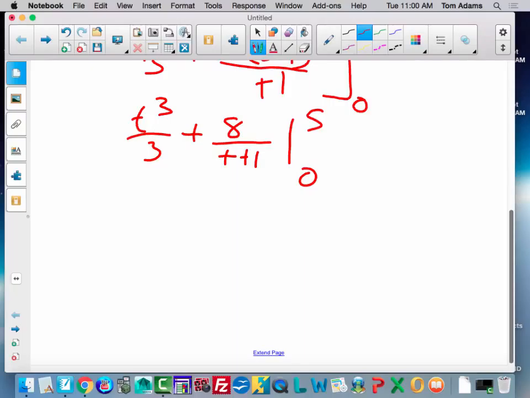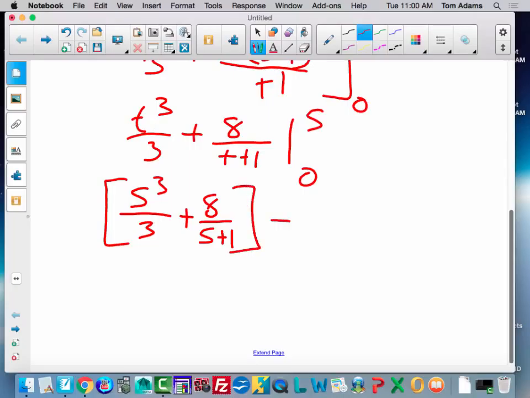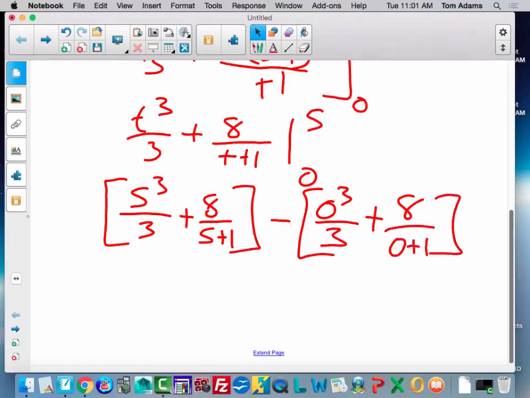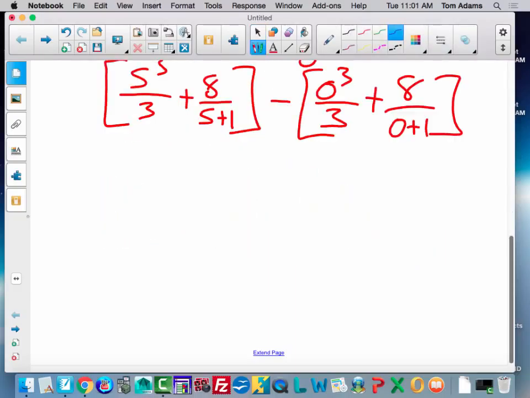Mathematically, I would get 5 cubed over 3 plus 8 over 5 plus 1, that's the upper limit evaluation, minus 0 cubed over 3 plus 8 all over 0 plus 1. Cleaning this up a little bit, I've got 125 over 3 plus 8 over 6.